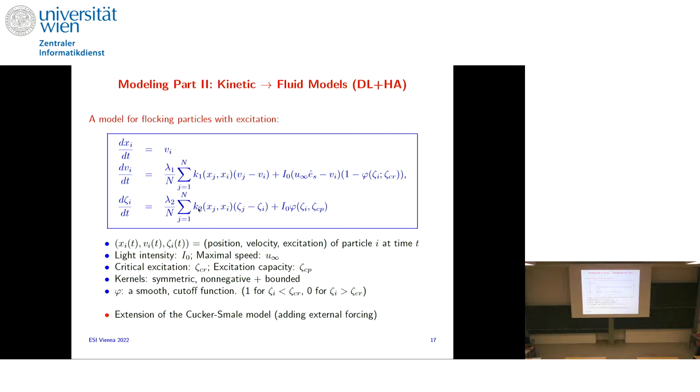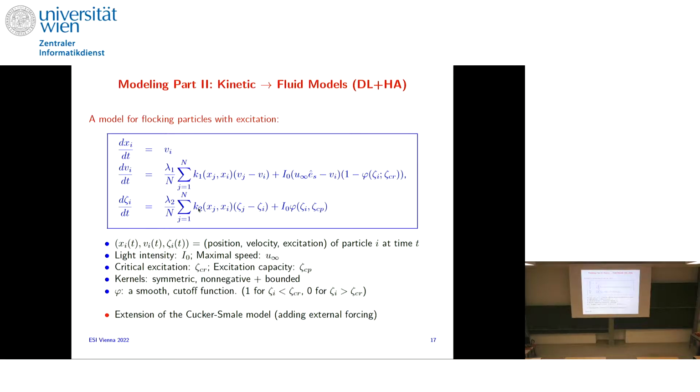So you can write a kinetic model, and I'm not going to show you simulations of that. The velocity is the derivative of the displacement. So now I have to describe two things. One is how the velocity changes, and the other is how the excitation is changing. Well, the velocity, there's some cooperative term here, and this is where the trick is.